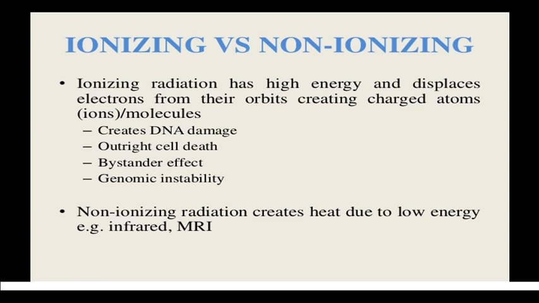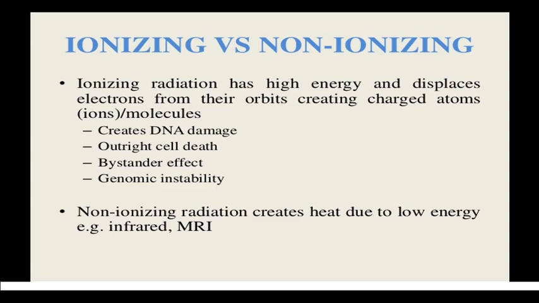So what happens when an electron gets displaced? The atom becomes an ion, or it will get a positive charge, isn't it? So creating charged atoms or molecules, it can create DNA damage, or it can cause cell death. So these are the harmful effects of ionizing radiations.